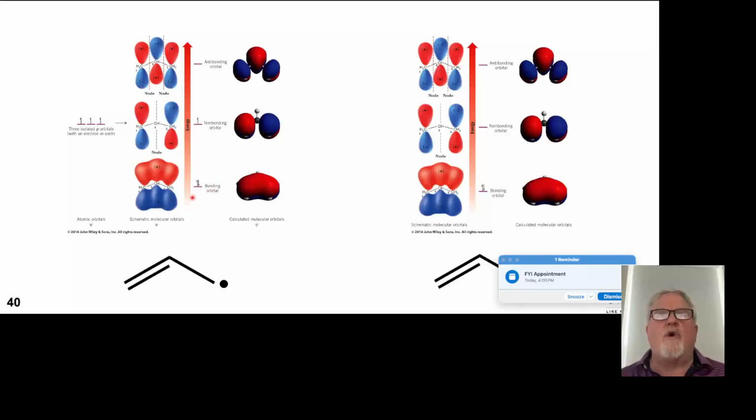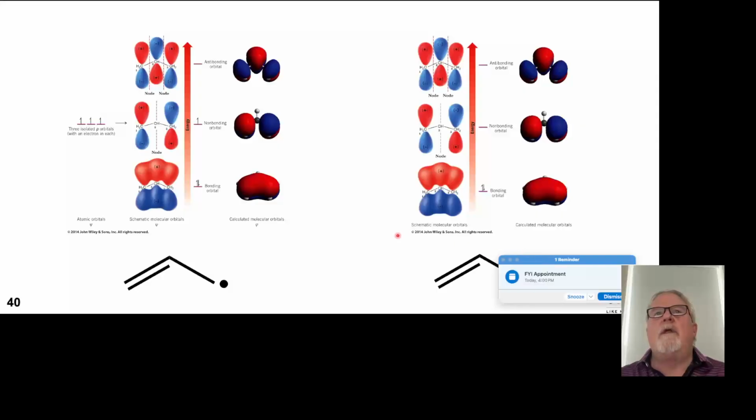We only have the one orbital. So we put our first electron in, then we put a flipped spin second electron in. So we now have an electron pair in there. And then we put our third electron into the next lowest unoccupied orbital. Then we see here we have the allyl system.